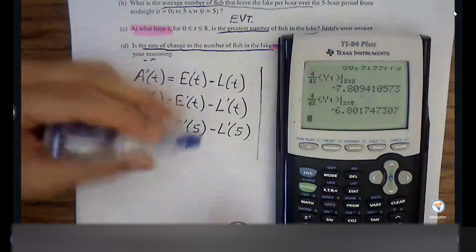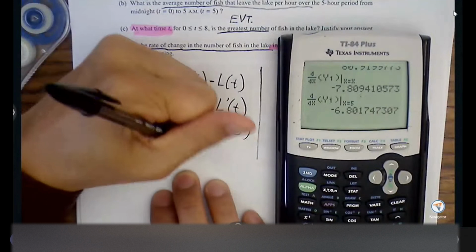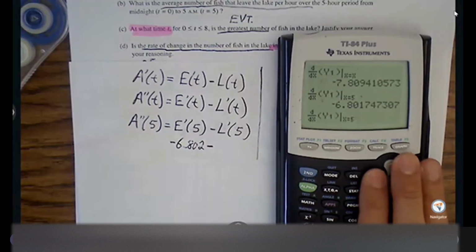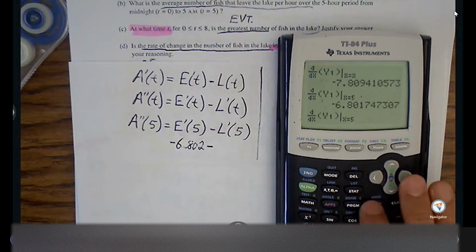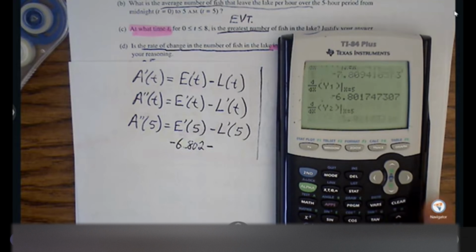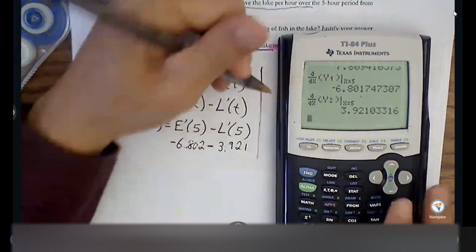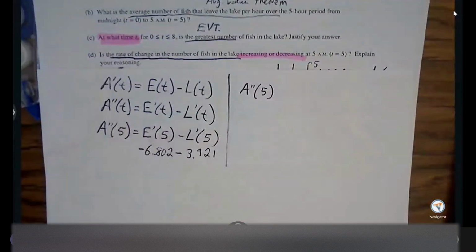Sorry. Evaluate the derivative for L of t, which is stored under y2. Combine those values together. A double prime of 5 is going to be equal to negative 10.7.